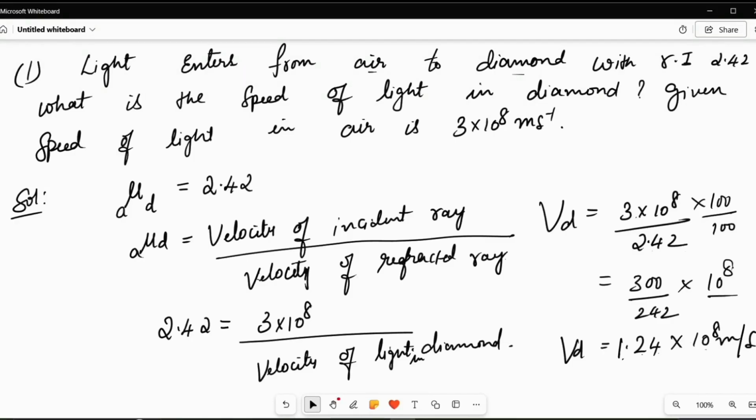You can't. When you multiply by 100 in the numerator, then you have to multiply the denominator by the same number. You will get the same answer.